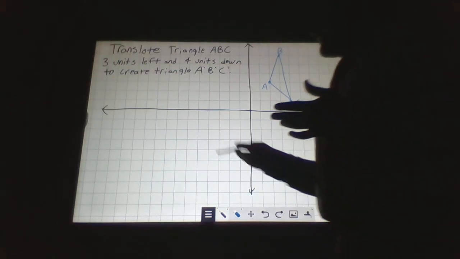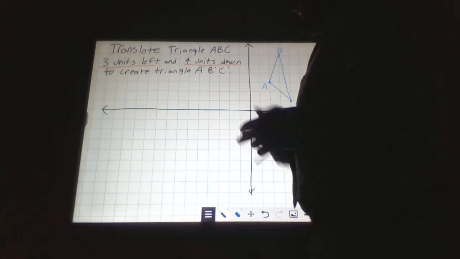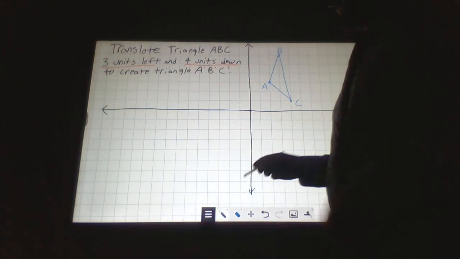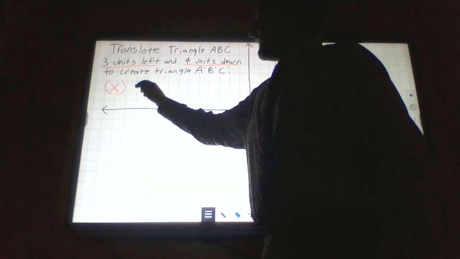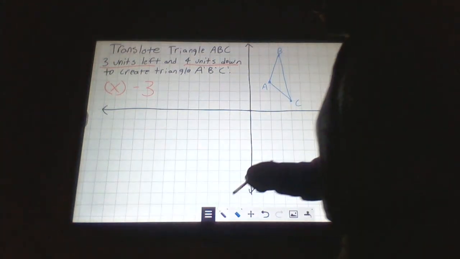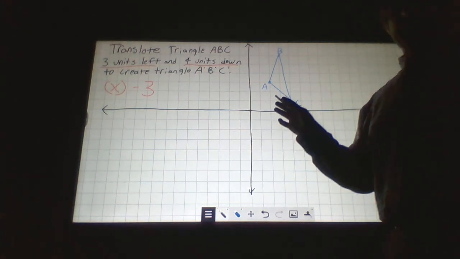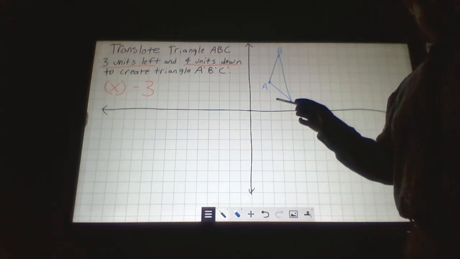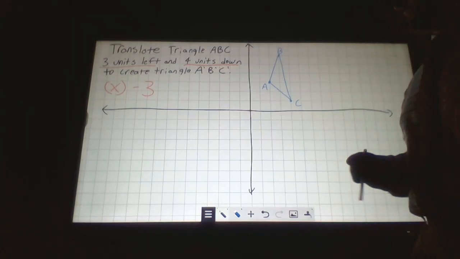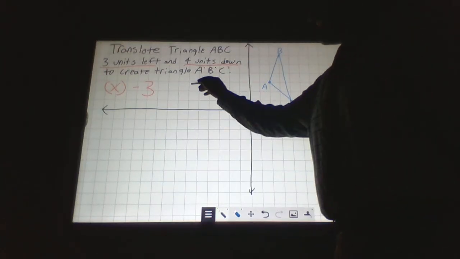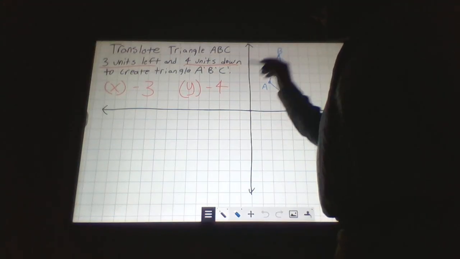So the first thing that we can do is dissect what this means. 3 units to the left means that the x value is going down by 3 because we're going to the left. So if you imagine the x-axis as a number line, we are going down that number line. And then 4 units down, that is the y value going down by 4.